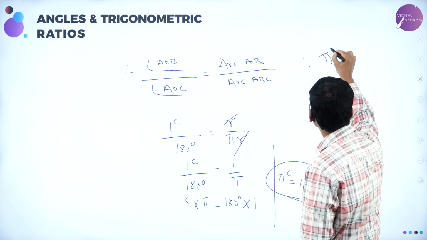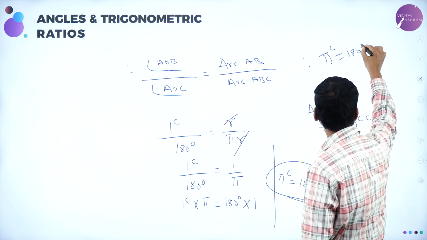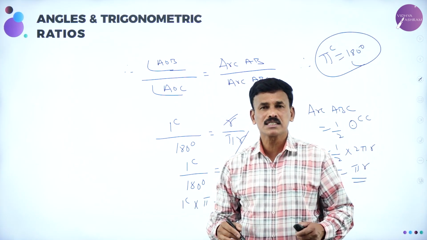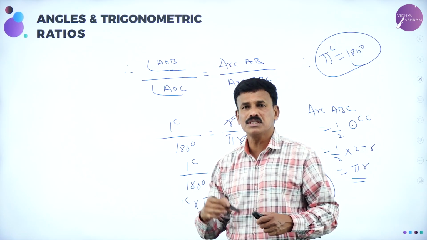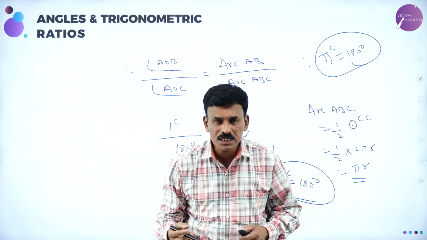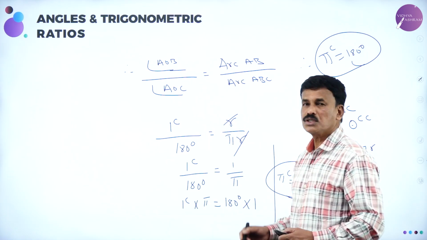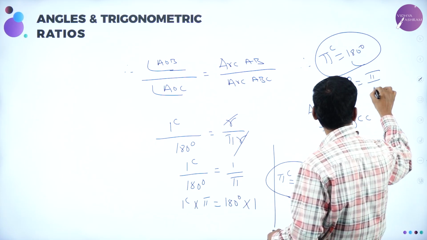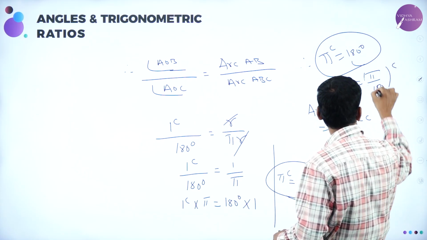So a radian is a constant angle and pi radians is always equal to 180 degrees. So in trigonometry, for pi we are going to use 180 degrees. Therefore, for 1 degree, we use pi by 180 radians.